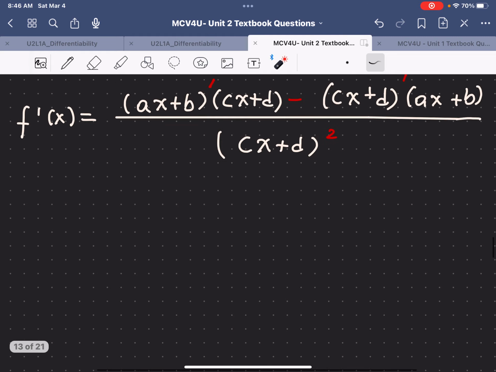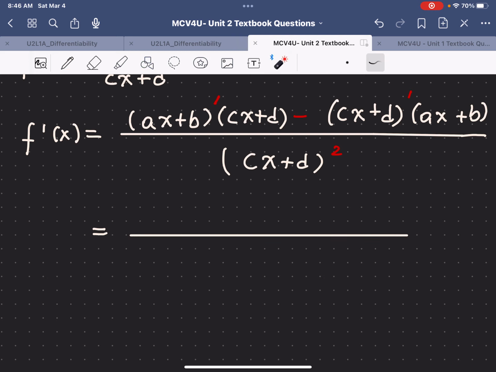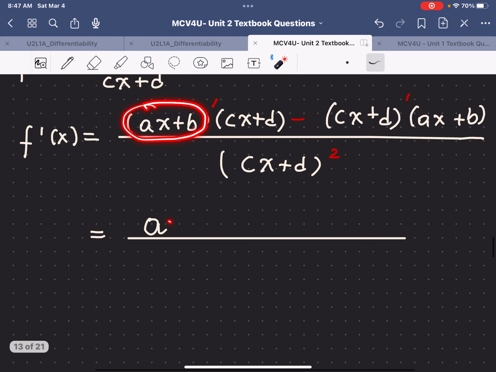So let's differentiate, and let's ignore the fact that these missing coefficients are bothering us. The derivative of ax plus b, with a being the coefficient of x to the power of 1, would be just a. The derivative of b is 0, so the derivative of this entire thing is just a.